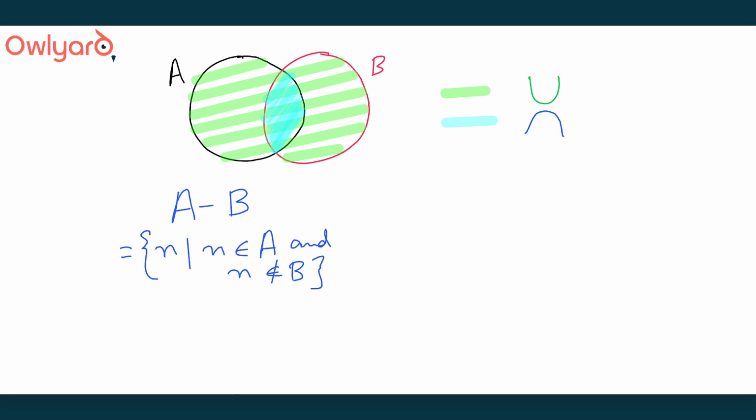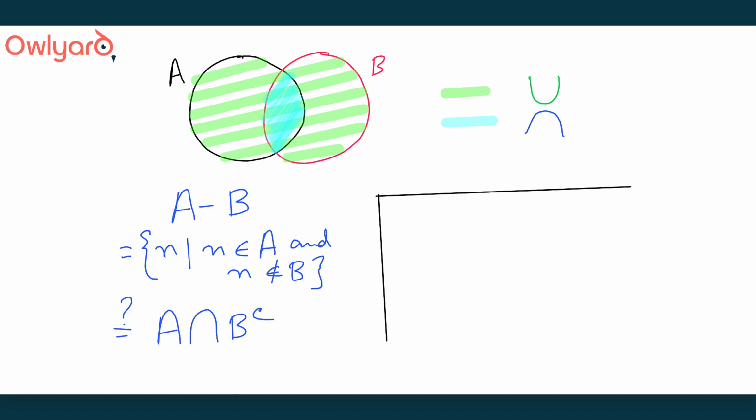That's the intuitive definition, but we also said, and we never justified, that it is exactly the same as A intersection B complement. Now let's see that under Venn diagram notation.